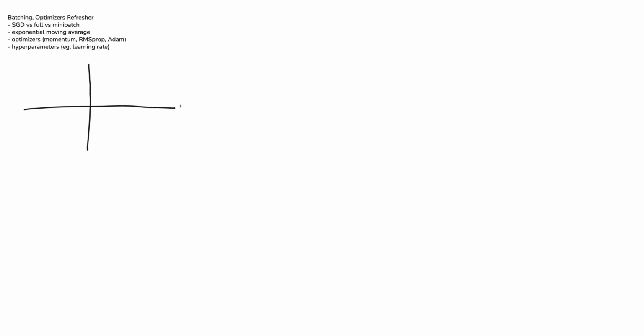All right, so let's say this is our parameter space for a very basic model that has two parameters, theta 1, theta 2. Now let's imagine there's like a loss surface in here, something like that.